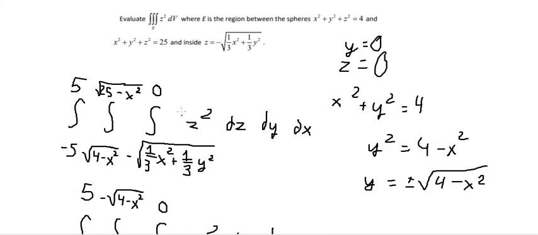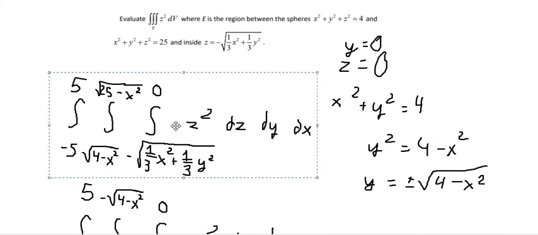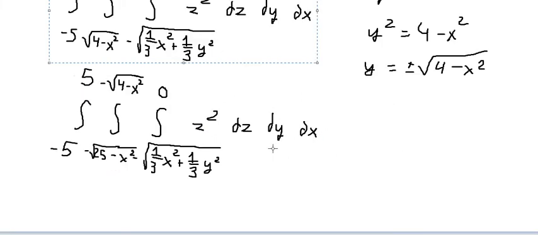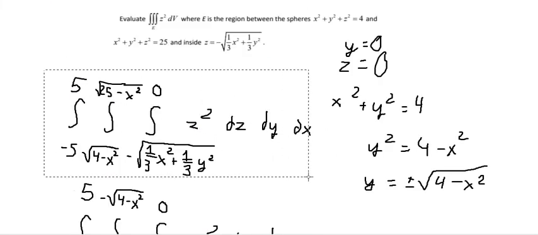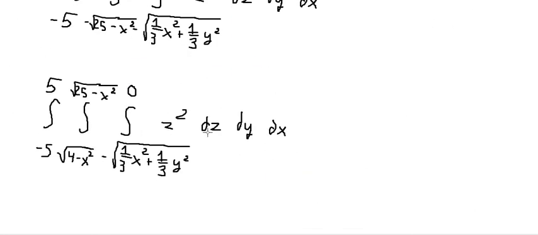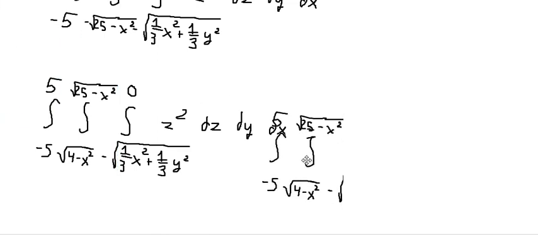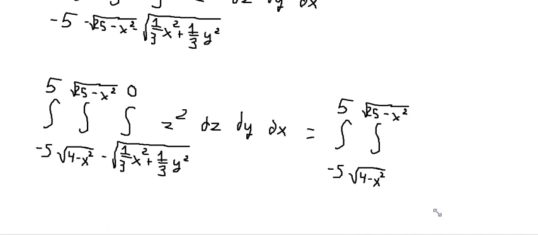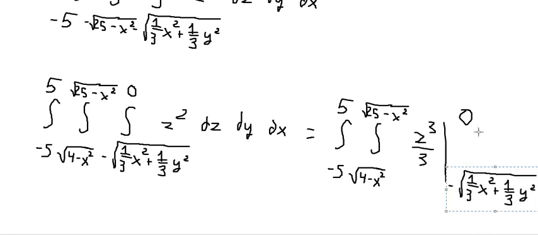So I will calculate this integration. We have z squared in here, so we will have z to the power of 3 over 3, and we have the bounds from 0 to this one in here, and we have dy dx.